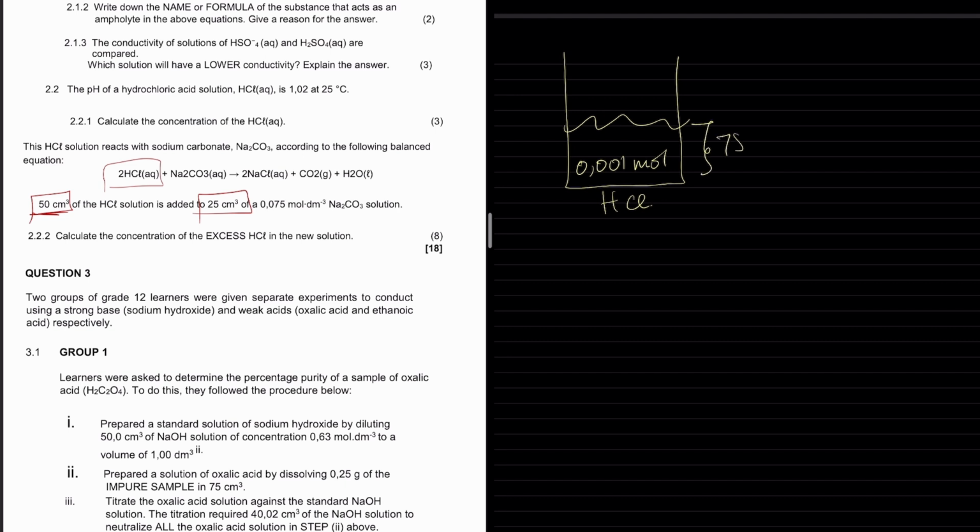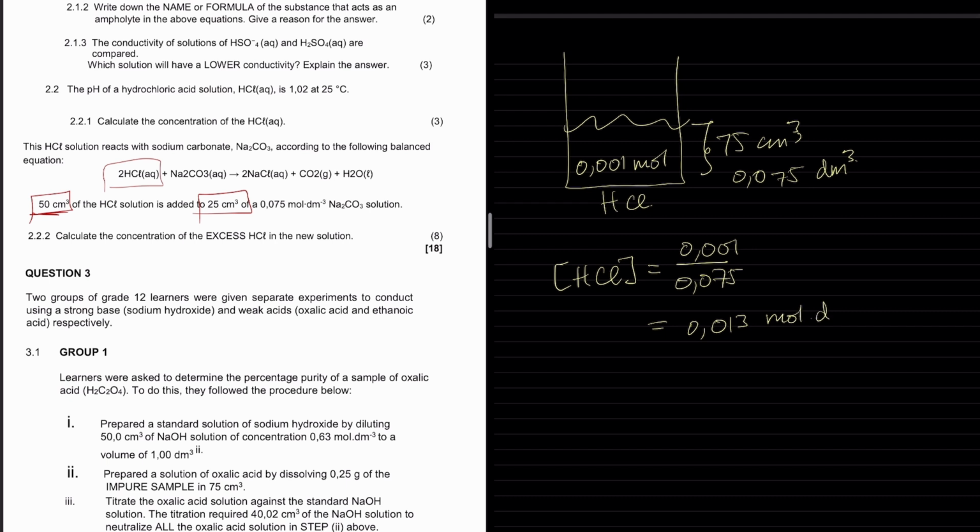It's going to be 75 cm cubed, which is 0.075 dm cubed. So we can calculate the concentration. The concentration of the HCl that's in excess is going to be 0.001 divided by 0.075, which is equal to 0.013 moles per dm cubed.